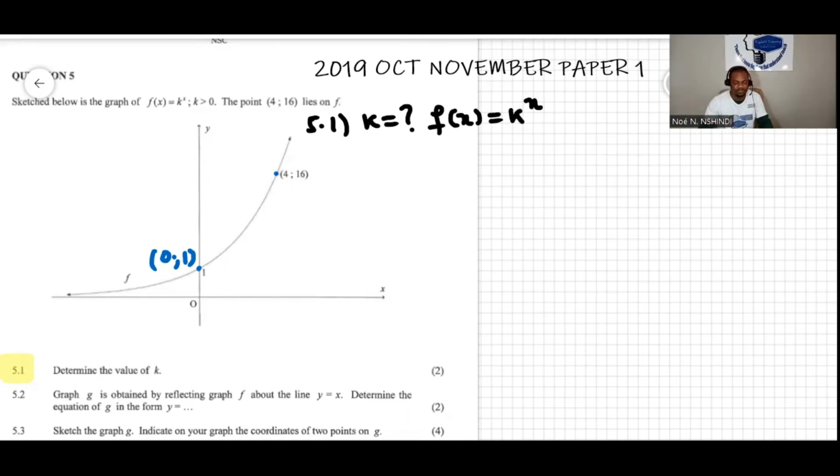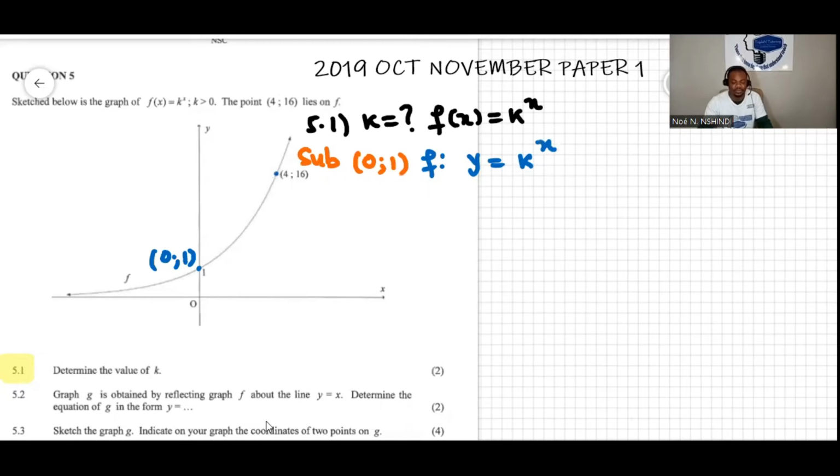Now if I sub in (0, 1), the function f will be y equal to k to the power of x, right?